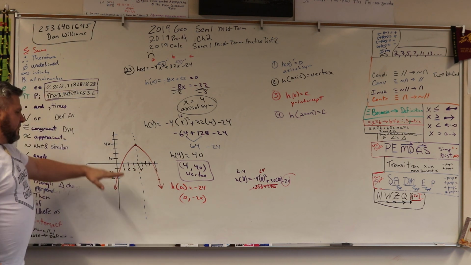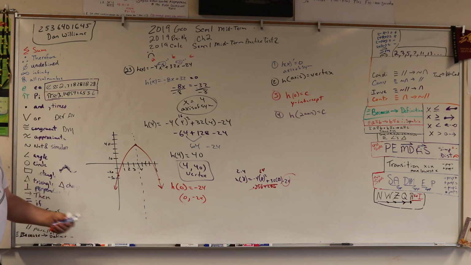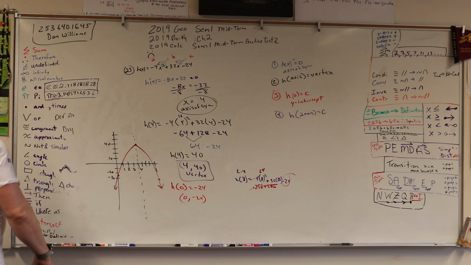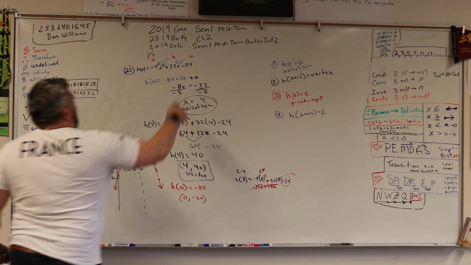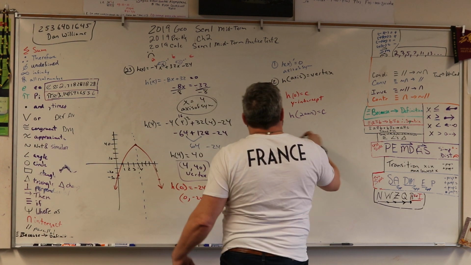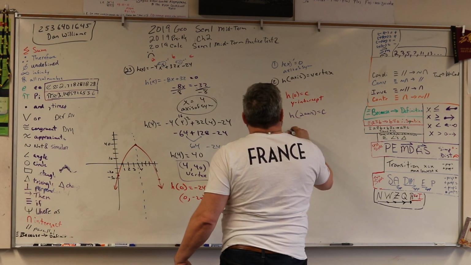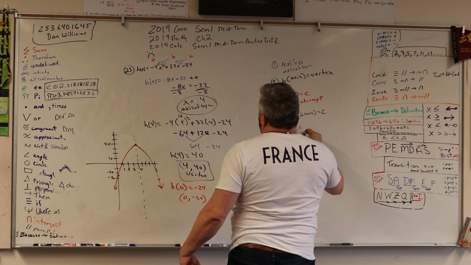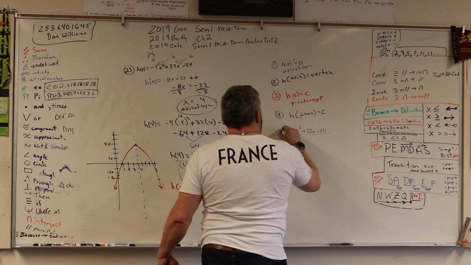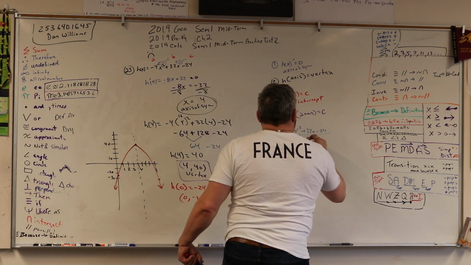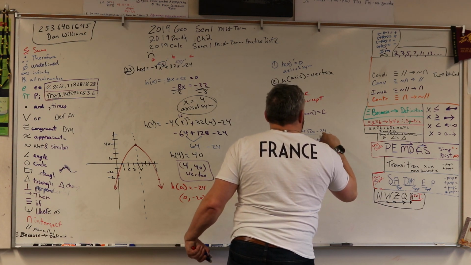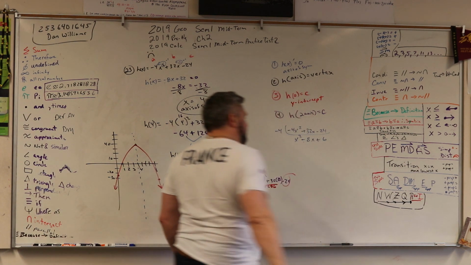Now, what if they want the x-intercepts? Where does it cross on the x-axis? To do that, you could try to factor this. Does 4 go into all of that? So negative 4 goes into all of that. If I pull out a negative 4 from negative 4x squared plus 32x minus 24, I get x squared minus 8x plus 6, right?